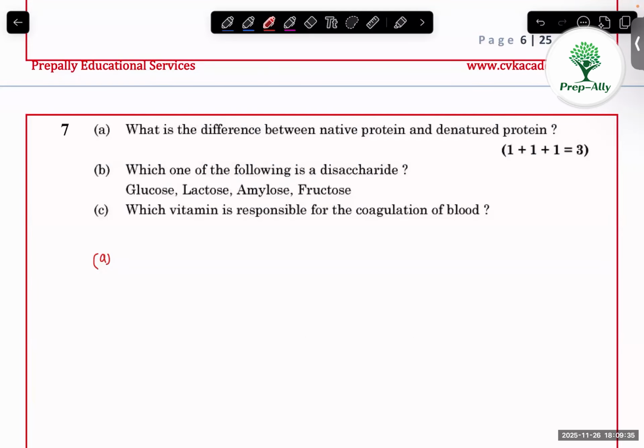Okay. So what exactly is the native form? Native form of protein.